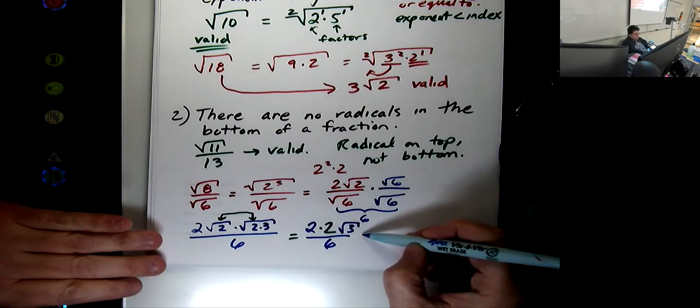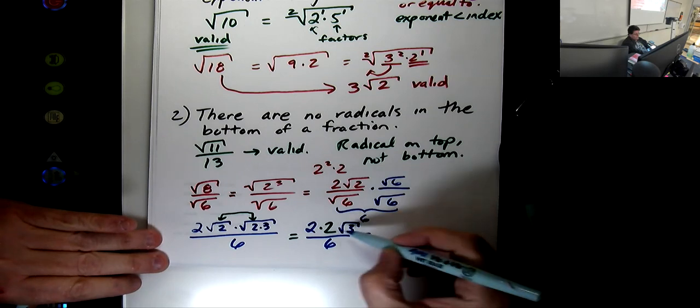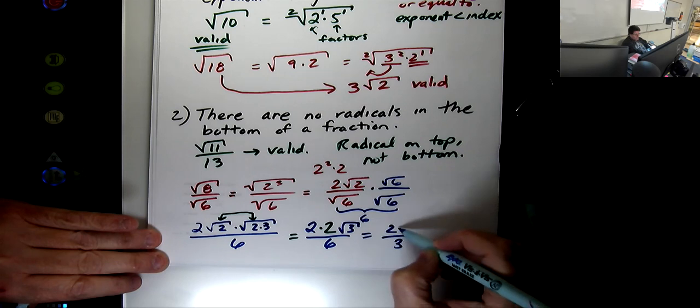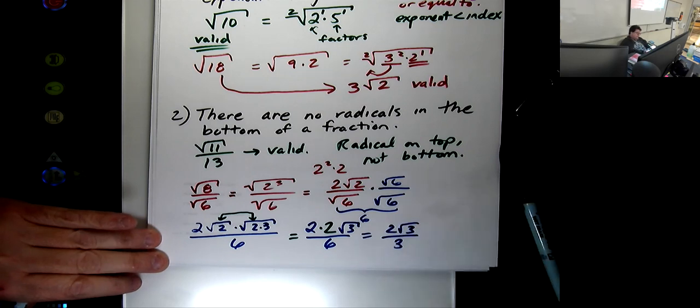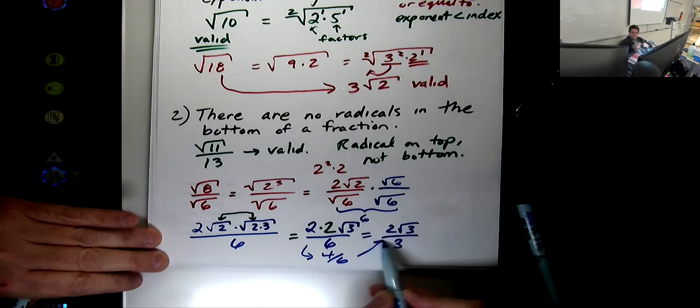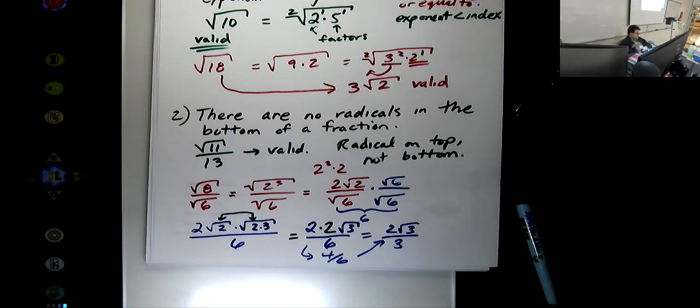Of course, 4 over 6 simplifies to 2 over 3, and we've got the square root of 3 on top. So this was 4 over 6, and I reduced it to make it 2 over 3. Now the radical is not in the denominator, and there's no factor inside the radical that can be simplified.